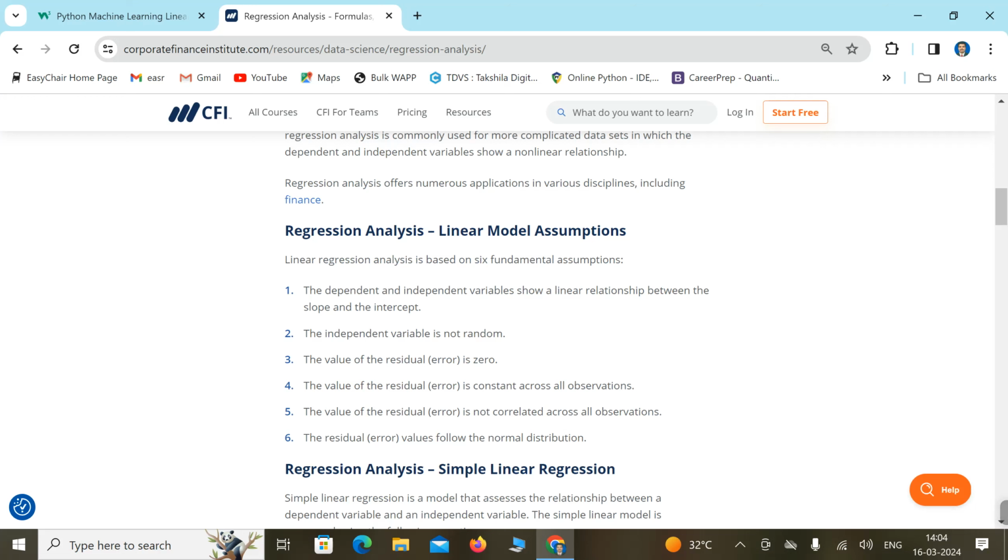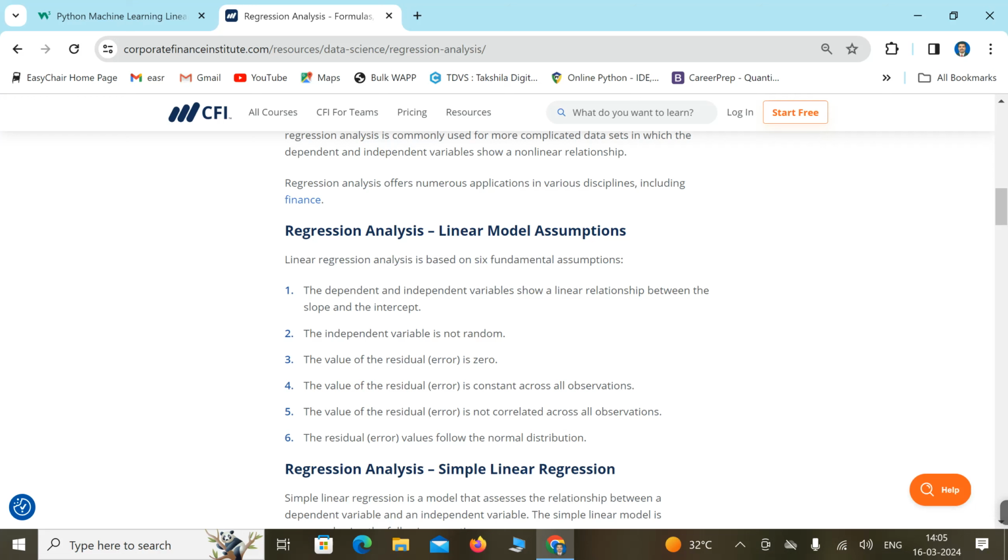So what is the formula for a line? The line is y = mx + c, where m is the slope. Because the regression here is linear, the dependent and independent variables show a linear relationship between the slope and the intercept. Second, the independent variable is not random.